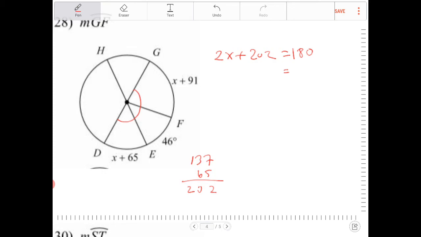So 180 minus 202, that would be negative 22. X therefore is negative 11. And I need to find GF. So GF therefore is equal to negative 11 plus 91. That would be positive 80.